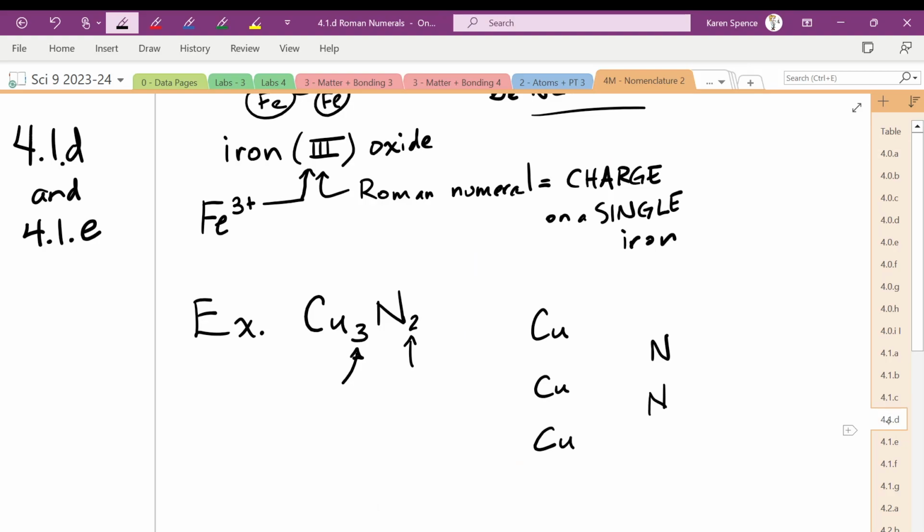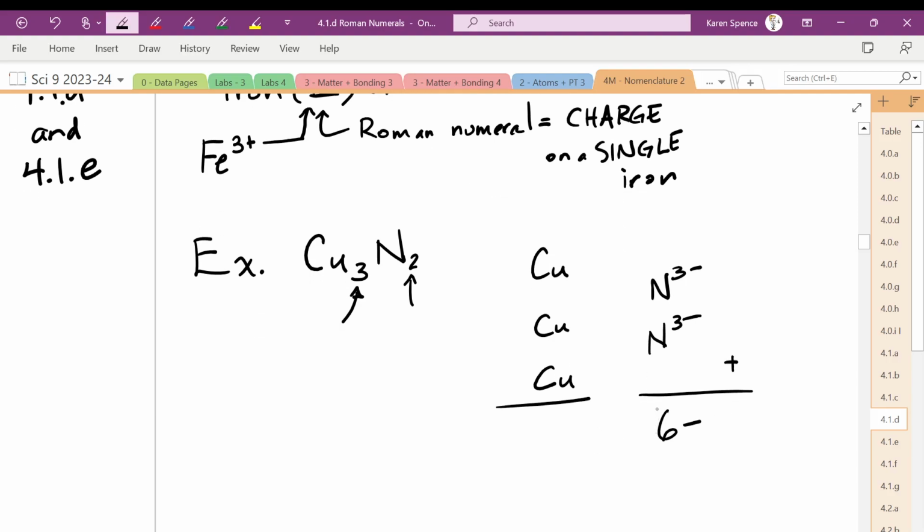Again, this example is written down for you if you just want to follow along and not write, okay? So nitrogen is -3, so we write 3 minus and 3 minus. Those two added together give us 6 minus. But remember, every compound has to equal 0 overall.